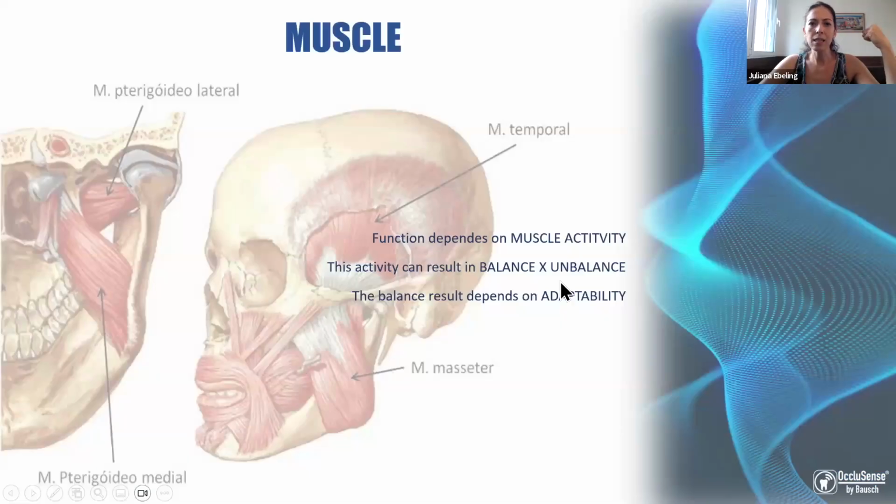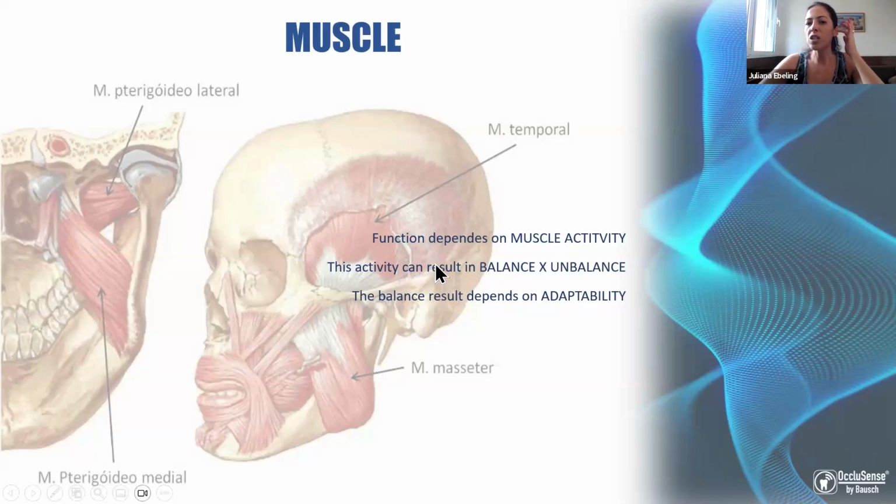So let's understand the role of the muscles in this function, because it's recorded by OccluSense. This is really important, because contact between the teeth doesn't occur if I don't have muscle activity, and OccluSense shows us this dynamic of the muscles.